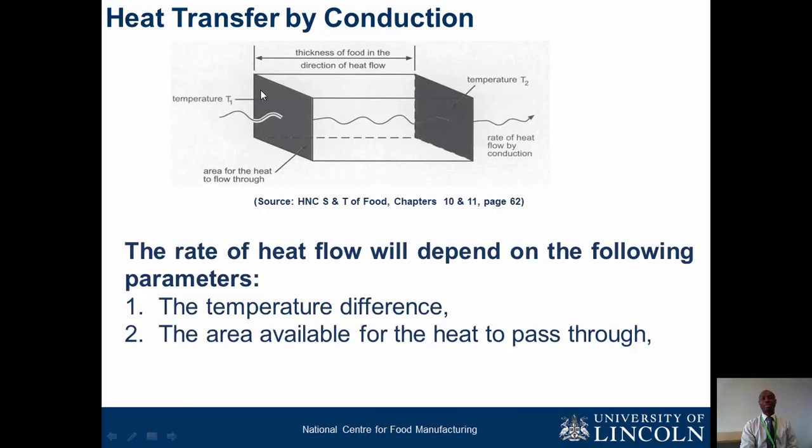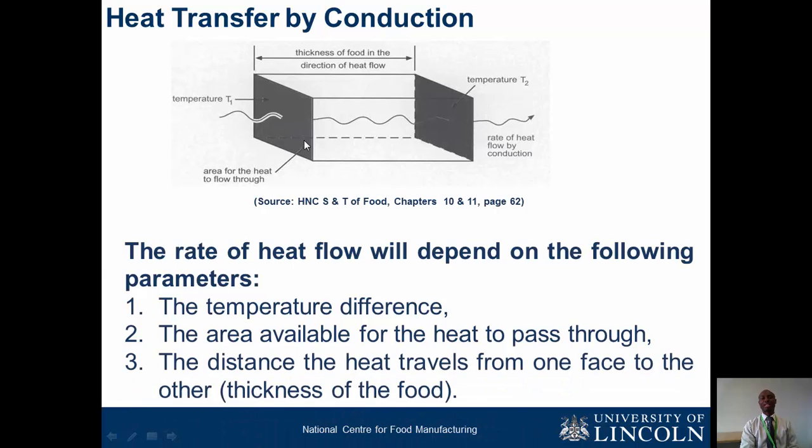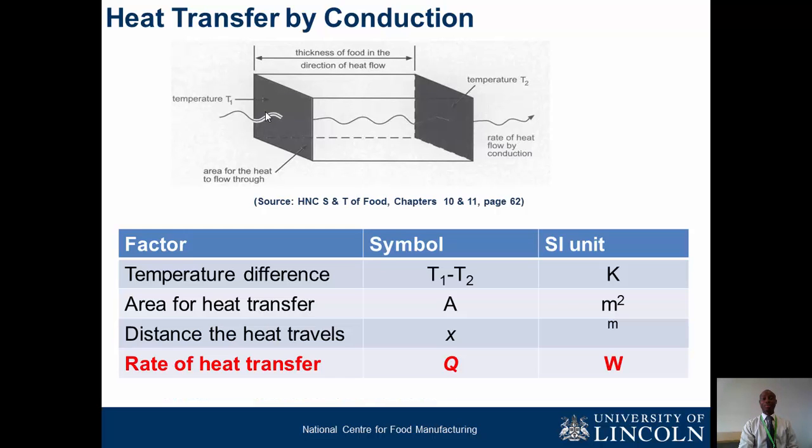Here we have this area, and it affects the rate of heat flow through this material. And finally, the thickness of the food. The thickness is also very important because that's the distance the heat travels from one face to the other. Now let's take note of the three parameters.